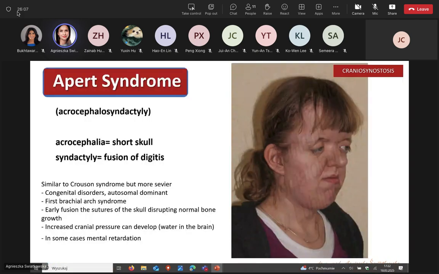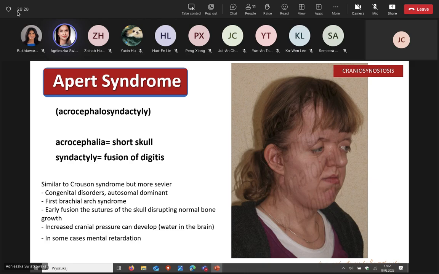Next patient, Apert syndrome, similar to Crouzon but more severe. Congenital disorder, autosomal dominant, first branchial arch syndrome, early fusion of the sutures of the skull disrupting normal bone growth. In some cases of this patient, we observe mental retardation.